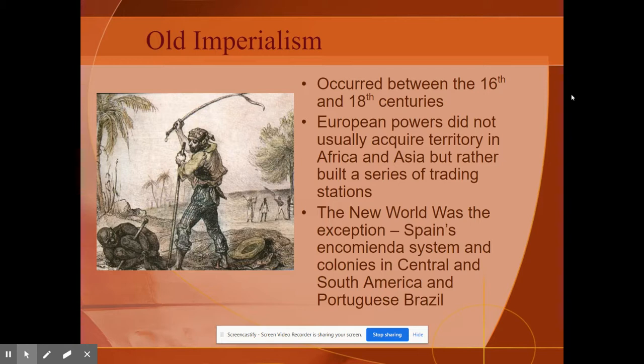Because one of the driving forces during the earlier time period was religion. And so you were trying to convert these populations over to Christianity, and therefore you didn't see some of the treatment you're going to see in other areas. Now, obviously, you're going to have slavery during the time period we're talking about in early history.